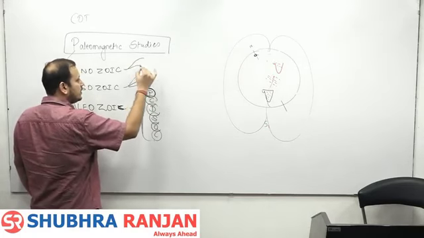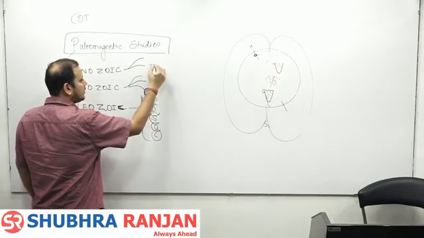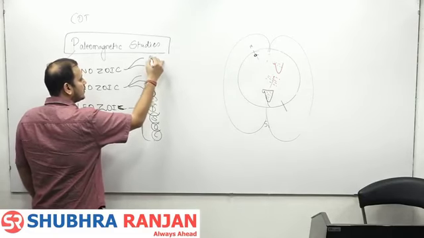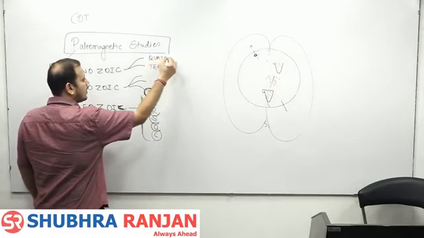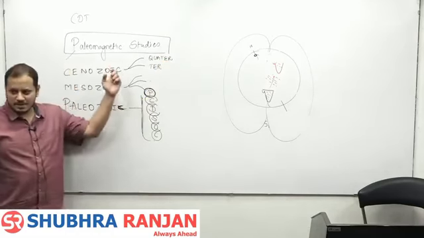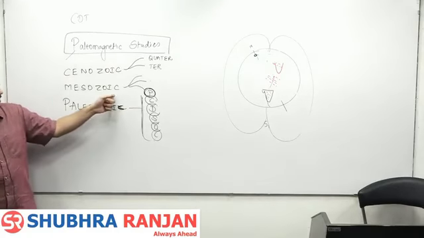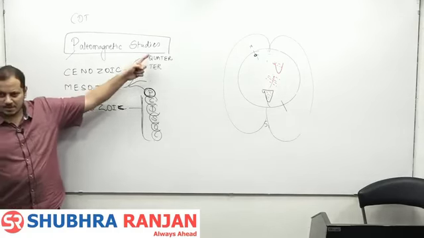Cenozoic is further divided into Tertiary and Quaternary. Primary, secondary, tertiary and quaternary. So this is the primary, this is secondary, this is tertiary, this is quaternary.